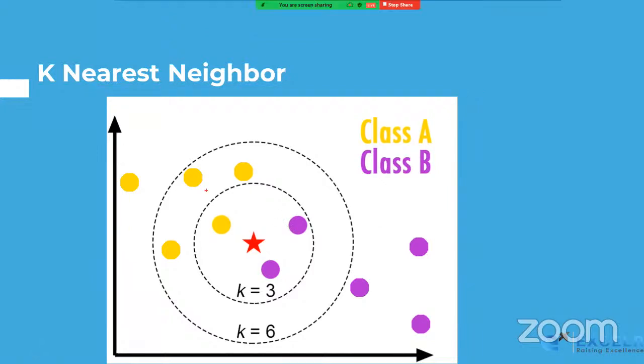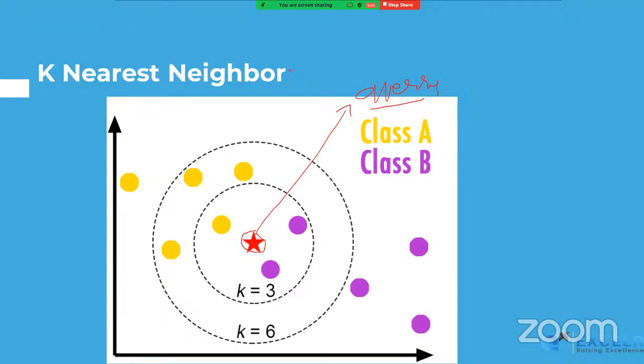You can see in this particular chart, I have some data which is in class A, in yellow color, and some data which is in class B, in purple color. Now let's consider this star to be my query data. Using this query data, I'm going to see which class it belongs to.